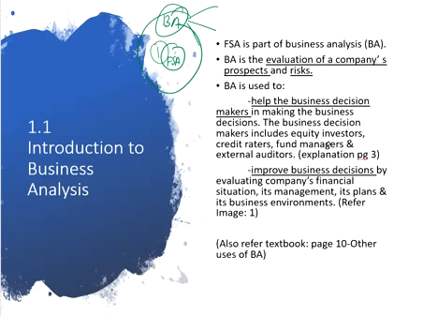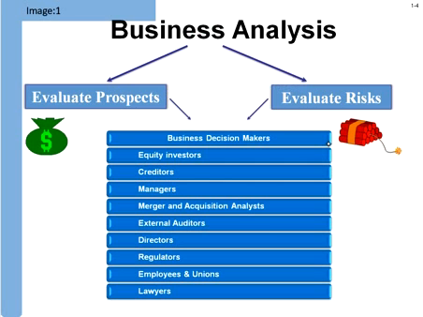BA ni juga dapat improve business decisions by evaluating company's financial situation, its management, its plans and its business environment. Okay, tengok sini. This is image 1. So business analysis ni dia akan evaluate two things that are prospect as well as risk.